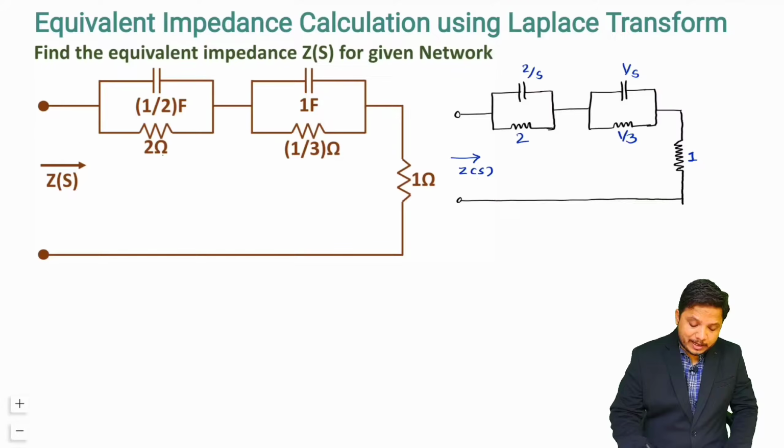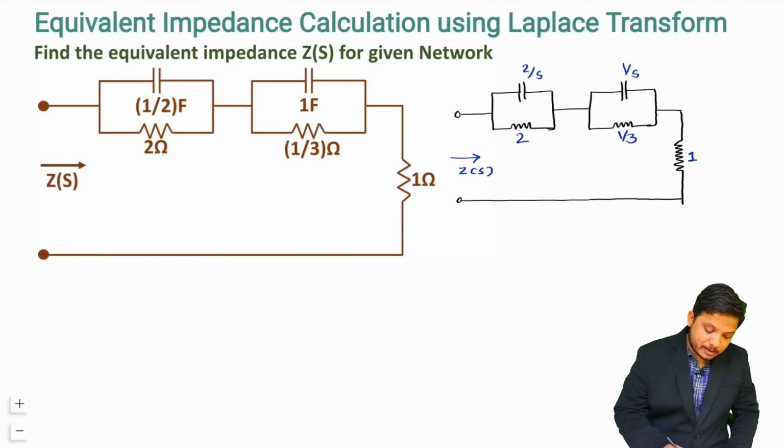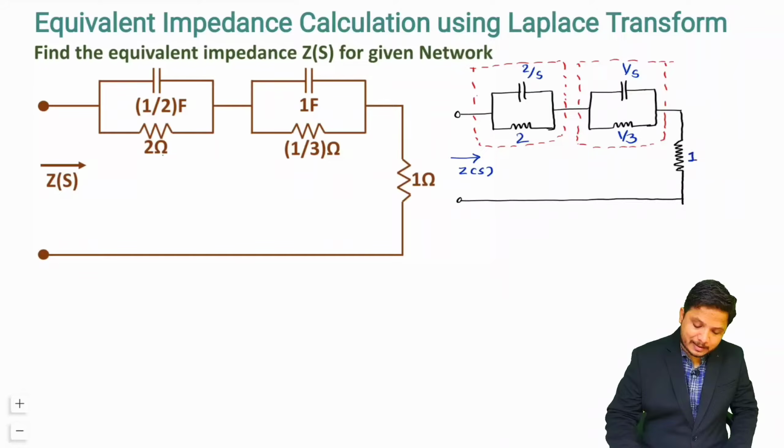Now we need to identify Z of S. You can clearly observe that this part is in series with this part, and that is in series with this part. Let us say this is Z1, this is Z2, and this is Z3.